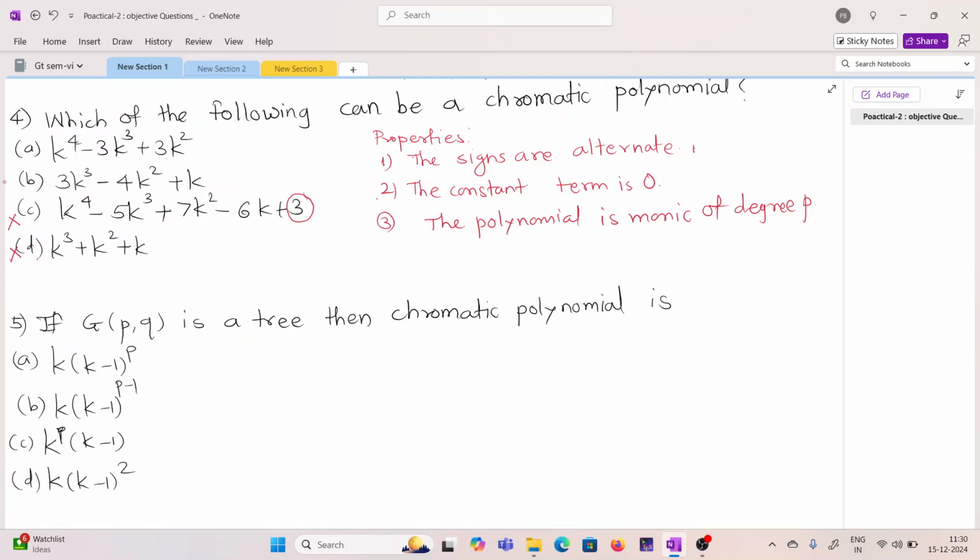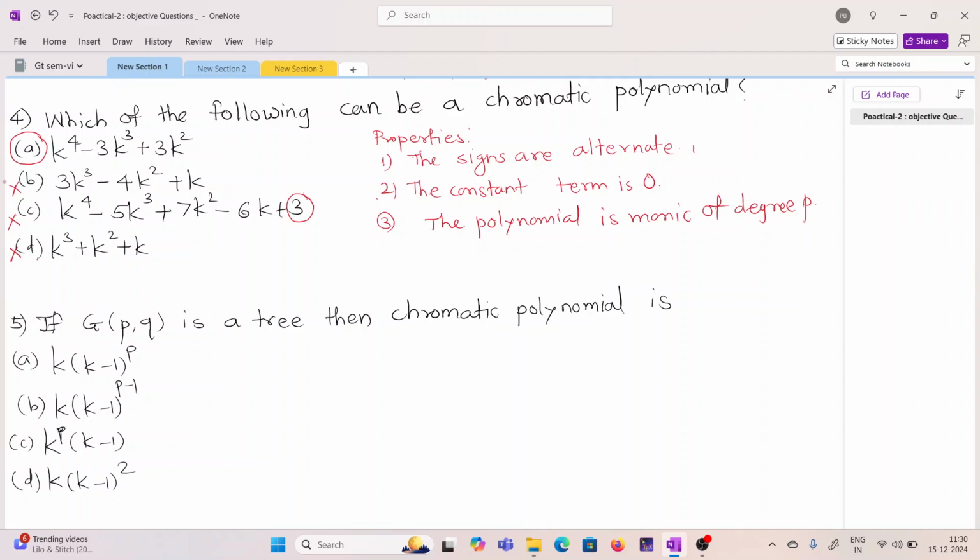Now if you consider option B, then this is not a monic polynomial. Monic polynomial means the coefficient of the highest power of k should be 1. Here the highest power of k is 3 and the coefficient of k cube is not 1. So B cannot be a chromatic polynomial of any graph. So the remaining option is A. So option A is the correct option.